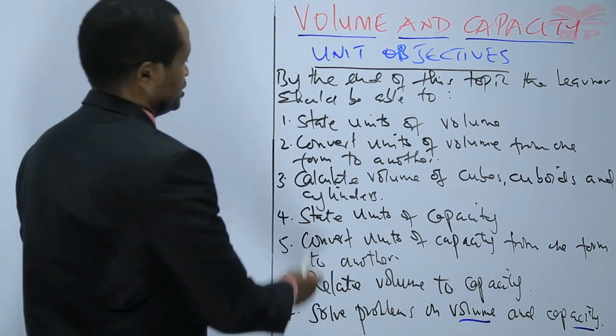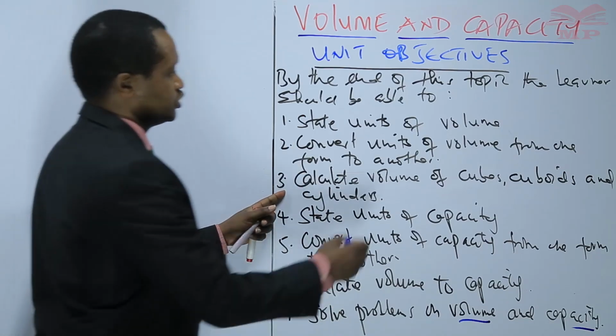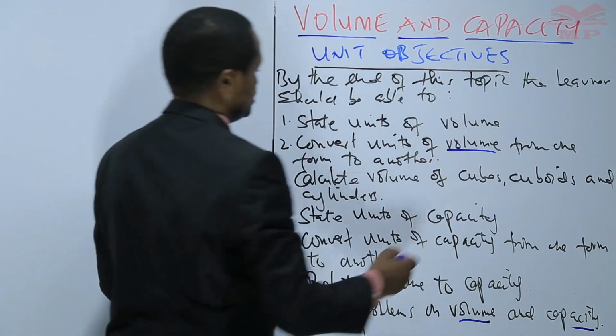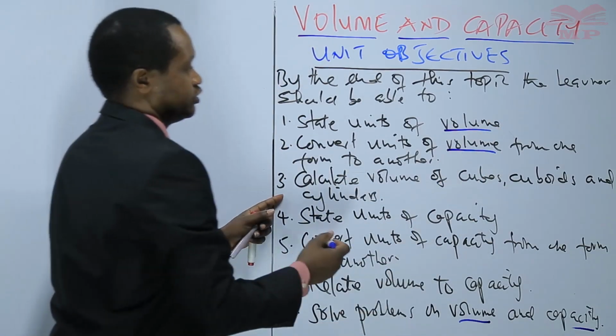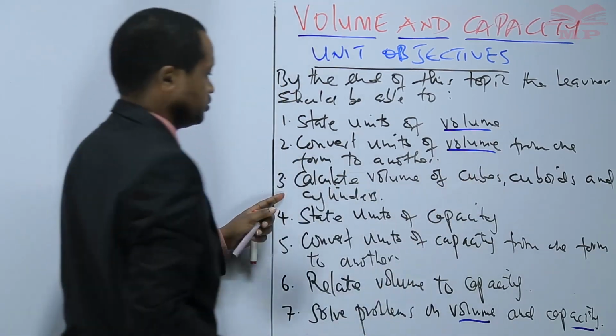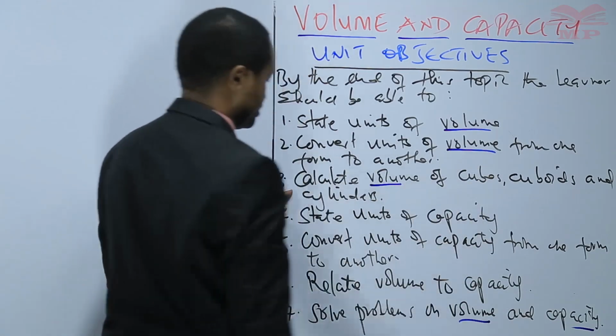So the first three objectives are in relation to volume. State units of volume, convert units of volume from one form to another, and number three, calculate volume of cubes.